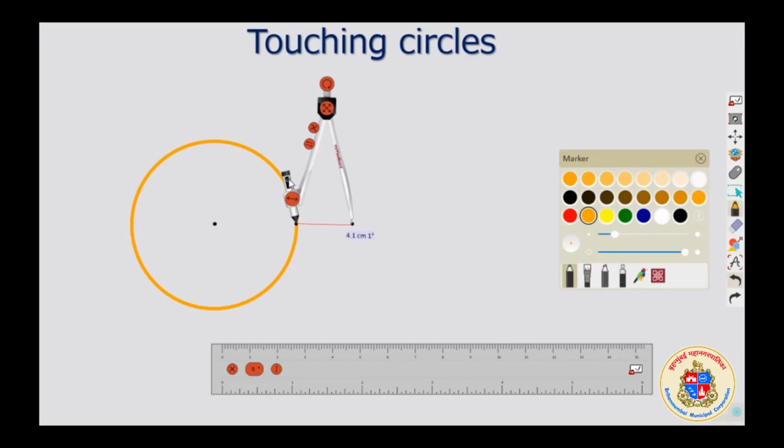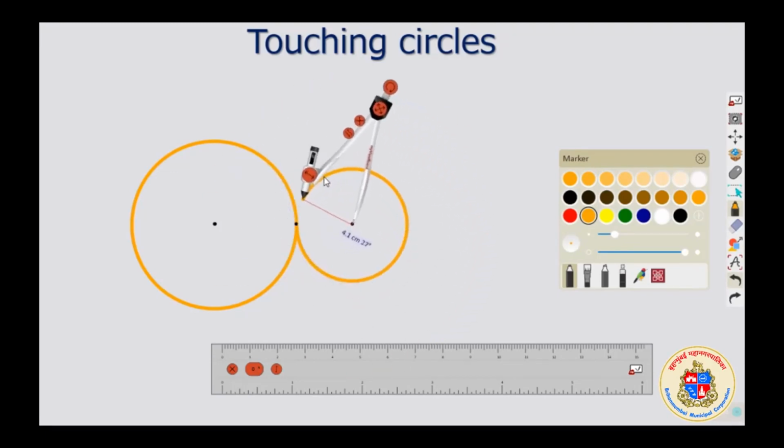Okay, so now let me draw the second circle. Now I succeeded in drawing 2 circles which are touching at a point. Understood? The purpose of putting the points was to get it properly.